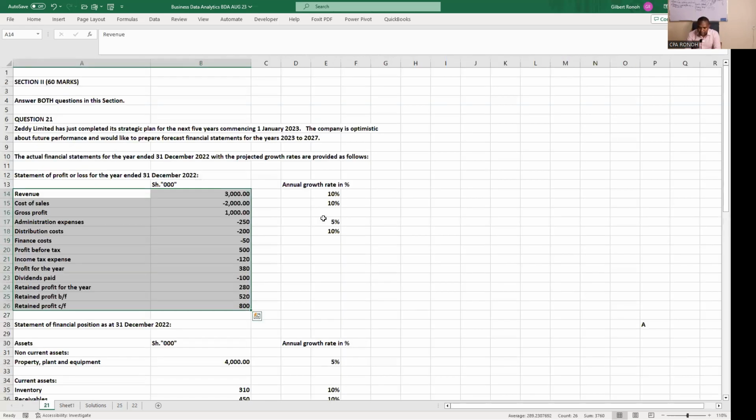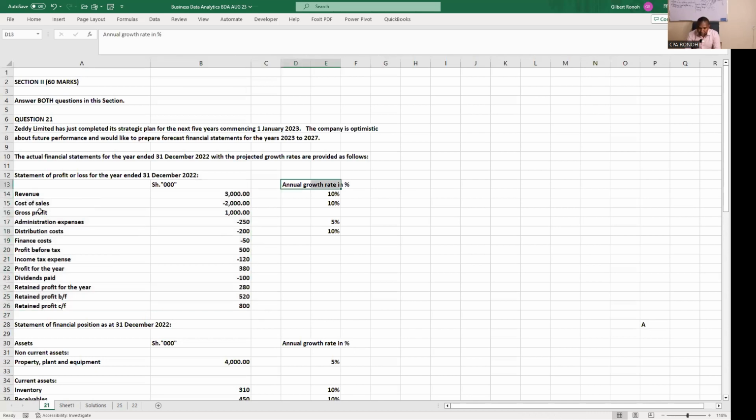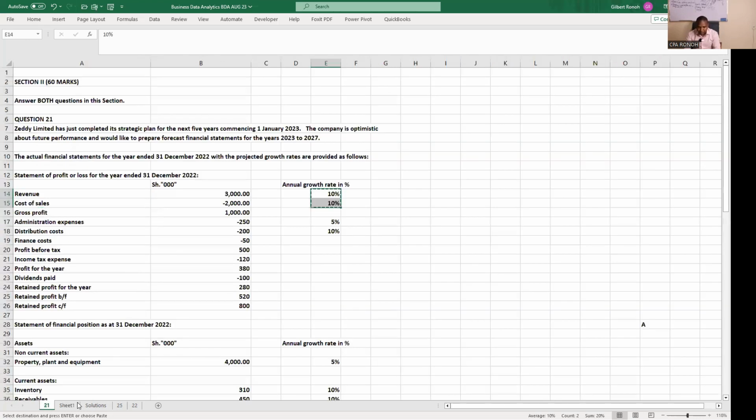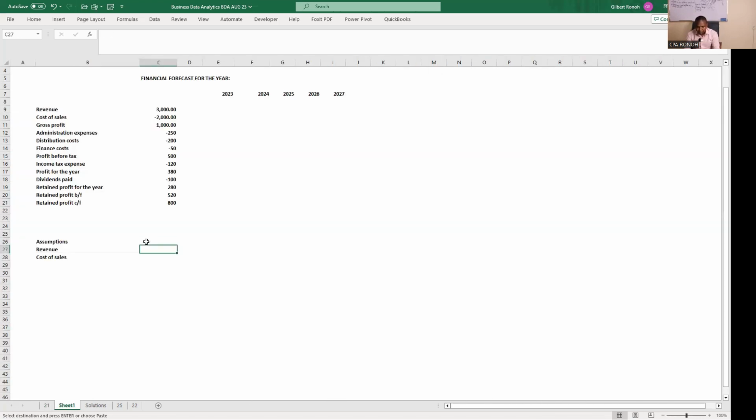If you look at the statement here, they said annual growth rate. So we have the revenue and cost of sales. Here we have our assumption: revenue and cost of sales will be increasing at 10% each. Then what else?